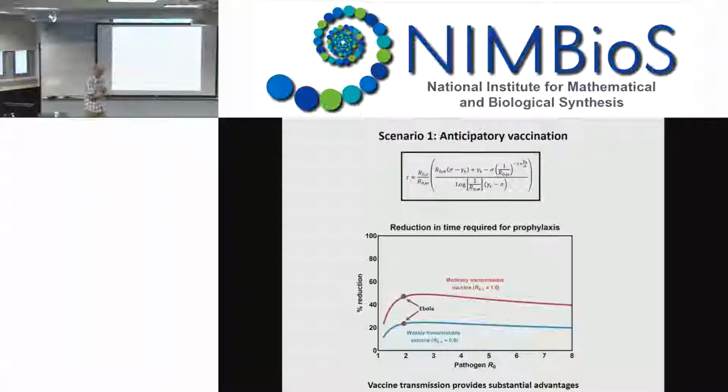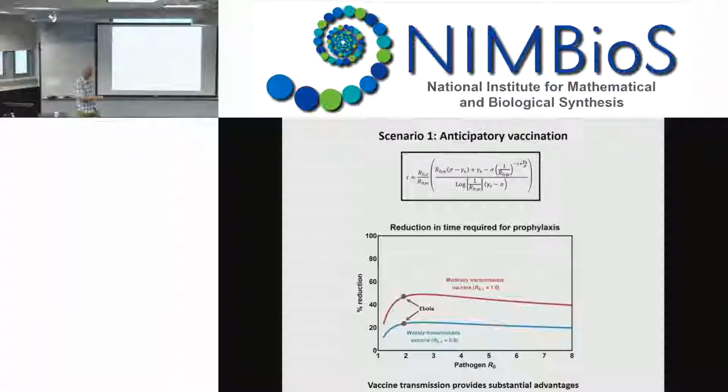Specifically, the result I'm showing you here is essentially the fractional reduction in the time required to vaccinate the population that we get as a result of vaccine transmission, okay? So we can translate that kind of ugly expression into a nice graph that's easier to understand, which shows the percentage reduction in the time required to vaccinate the population as a function of pathogen R naught, okay?